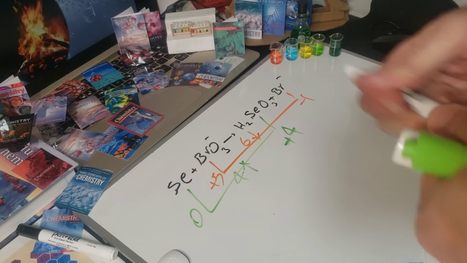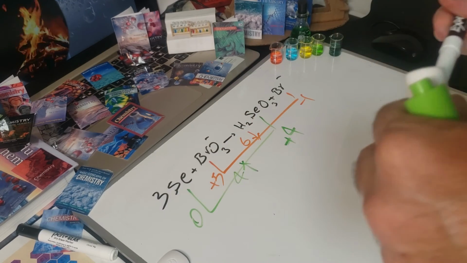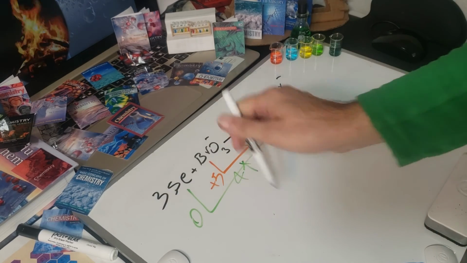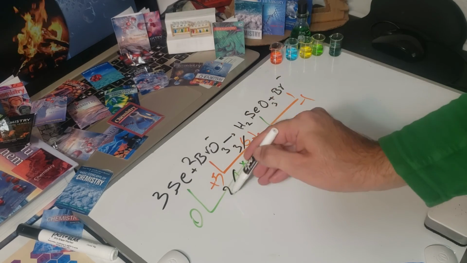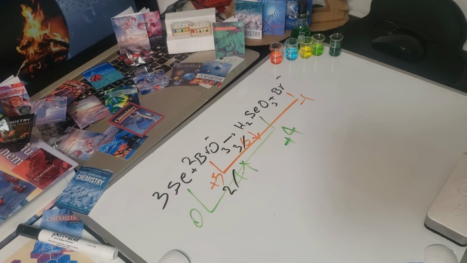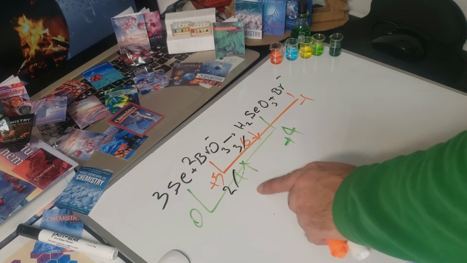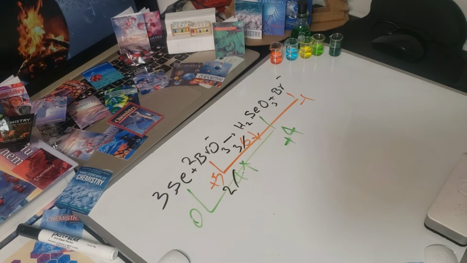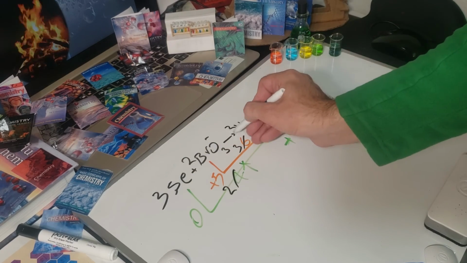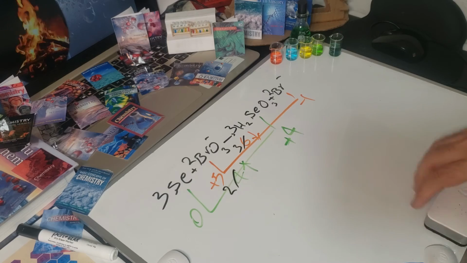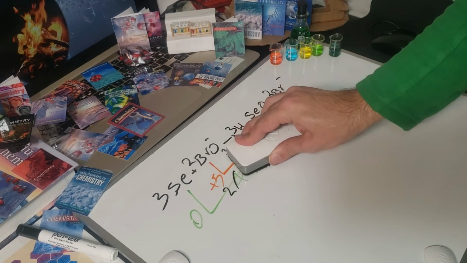We do 3 here for selenium and 2 here for bromine, if we just reduce the 6 and 4 to 3 and 2. So the 2 and the 3 go for that. The bromine is going to be 2 and 3 for H2SeO3. Now we have hydrogen involved.